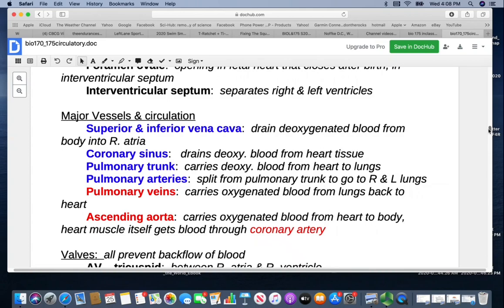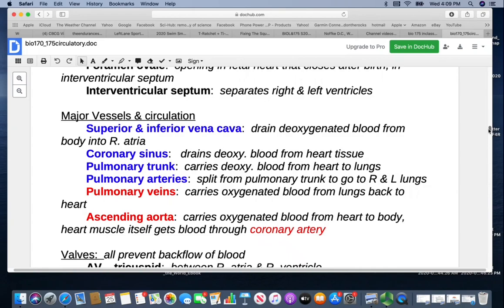The pulmonary trunk is going to take deoxygenated blood from the heart to the lungs. So it will come into the right atrium being deoxygenated, and it's going to come out the right ventricle through the pulmonary trunk. Being that you've got two lungs, it's going to split into the pulmonary arteries to go to the right and left lung. In the lungs, it will pick up oxygen.